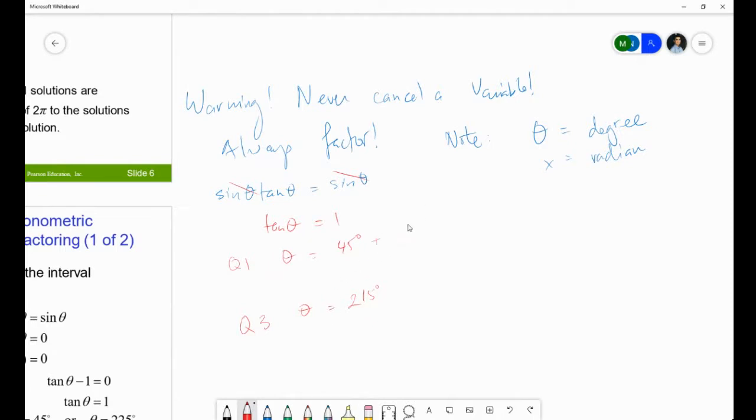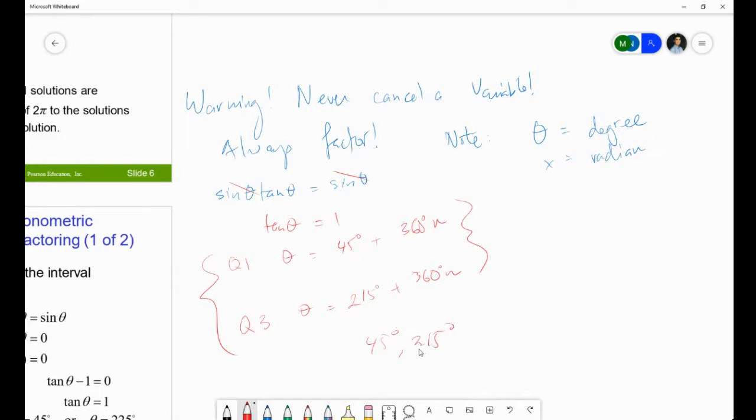And then, of course, we can add 360 degrees times n. All right, so this is going to be our solution, the set of all solutions. If we just want the solutions between 0 and 2 pi, it's just 45 and 225.